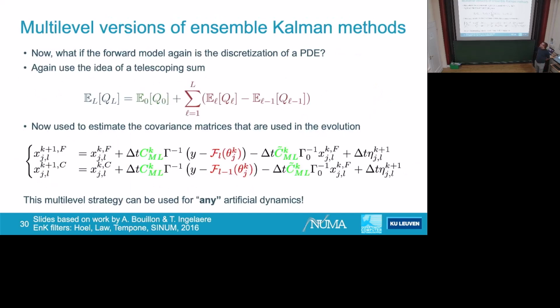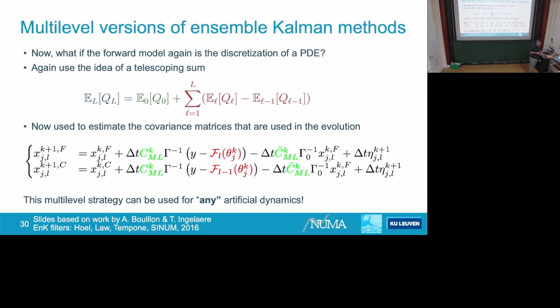How do you want to make that multi-level? So we have now our multi-level Monte Carlo trick that we want to use. How are we going to use that for such interacting particle methods? But the trick is simple.